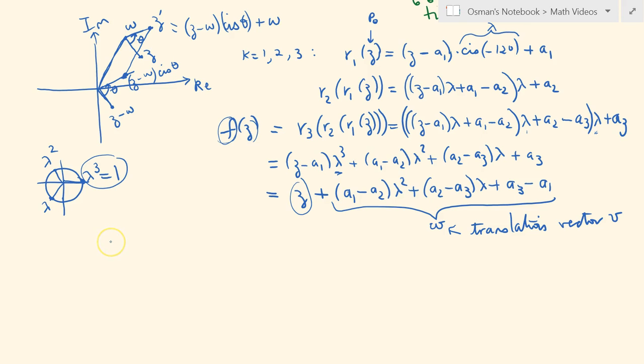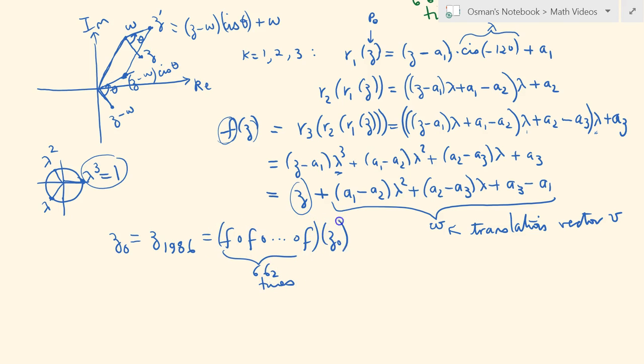Let me just write that down. So z sub 0, let's say for instance, representing our point p sub 0, is equal to z sub 1986, right? Which is simply equal to this f function composed 662 times on our point z sub 0, and that's equal to z sub 0 plus 662 times our translation vector.